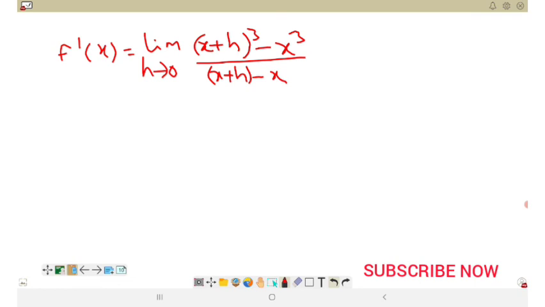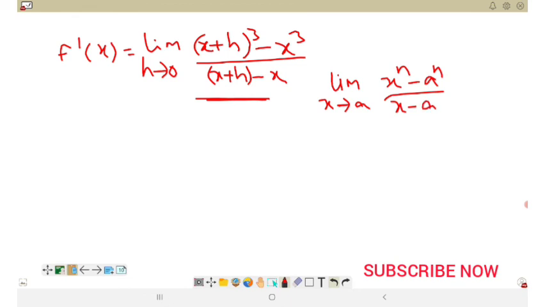Now this is in the form of limit x tends to a, x power n minus a power n by x minus a.